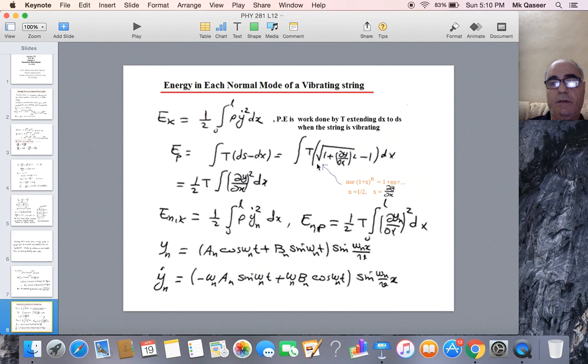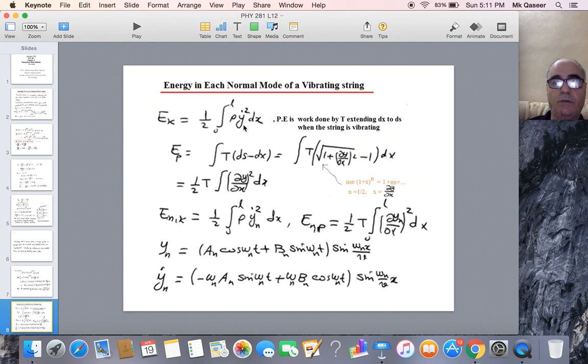Now to evaluate this integration, we have to expand this in terms of a polynomial as 1 plus x to the power n equals 1 plus nx, where x now is dy by dx and n is half. Doing so, one cancels with the other one, and then n is half, so it's half times T, which is constant, times dy by dx, the whole thing squared, dx.